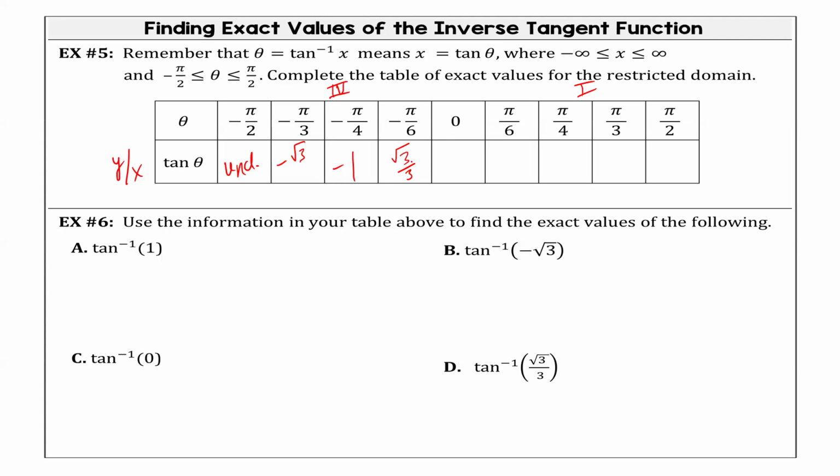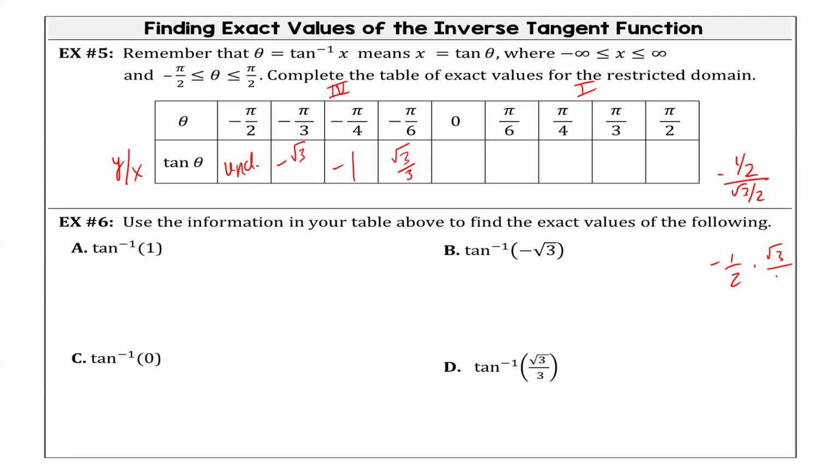And then what is my x value? Square root of 3 over 2. So I'm going to be left with negative 1/2 times 2 over square root of 3.